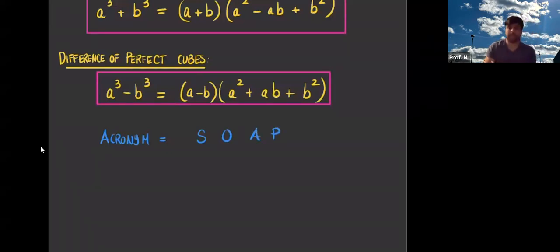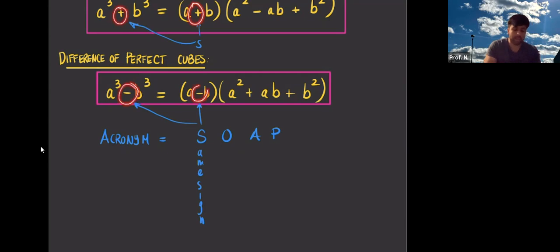What does the S stand for? It stands for the same sign. So if this is a plus, this will be a plus. If this is a minus, this will be a minus. That's the same.